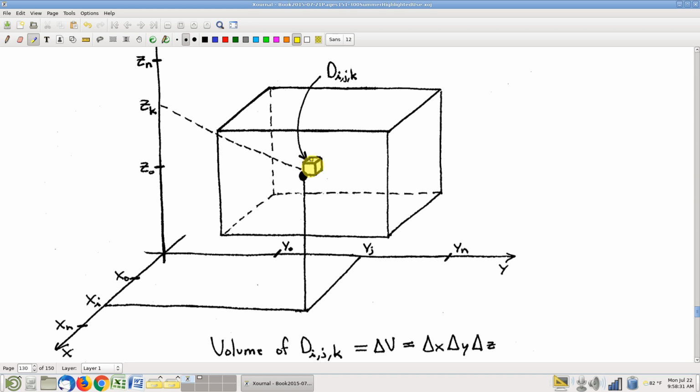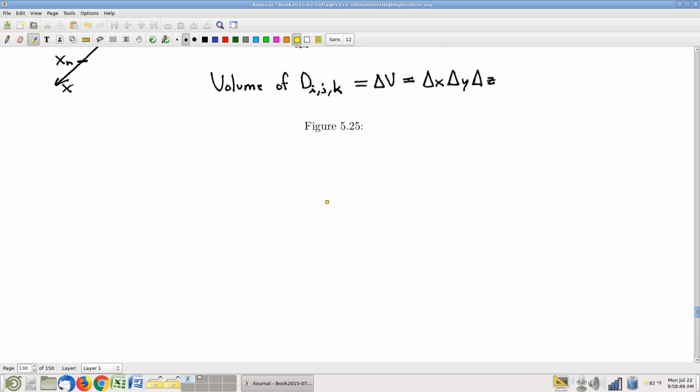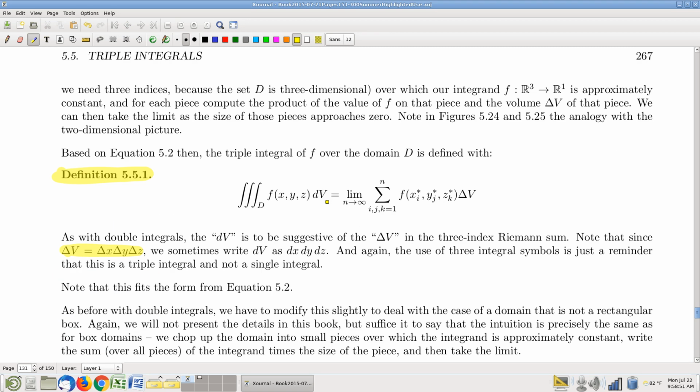Mass is density times volume. Volume is length times width times height. The pattern continues, right? This is really just like double integrals. Okay. Everybody on board? Everybody happy so far? Okay. So here's the formula we're going to write down for this kind of a Riemann sum.